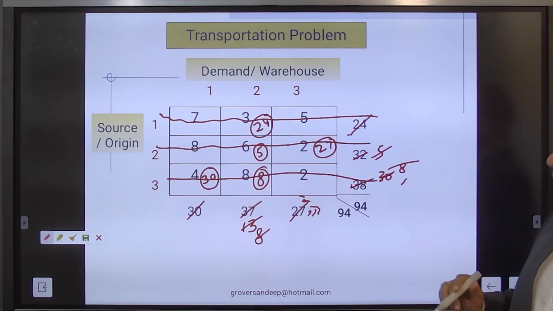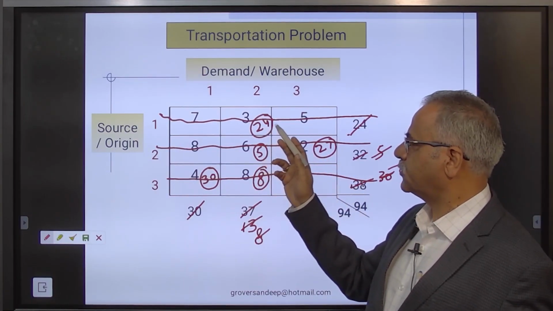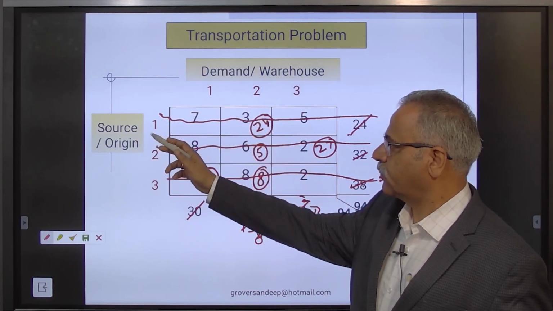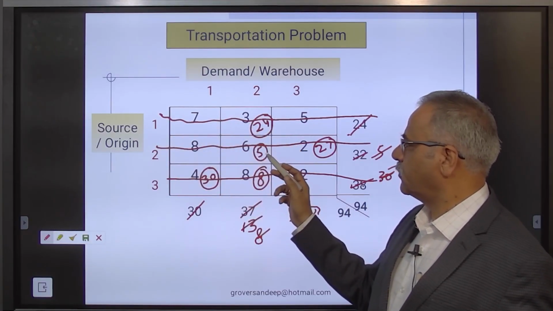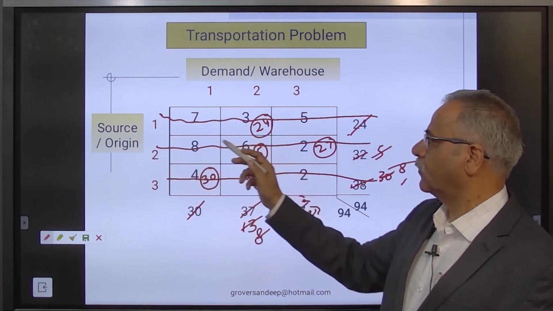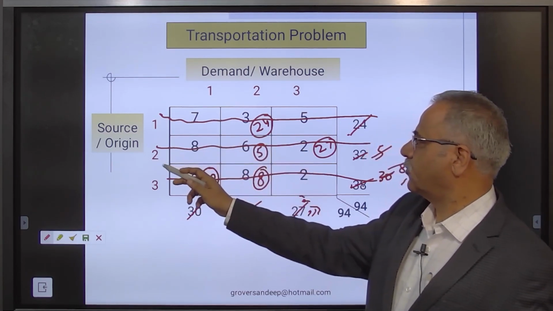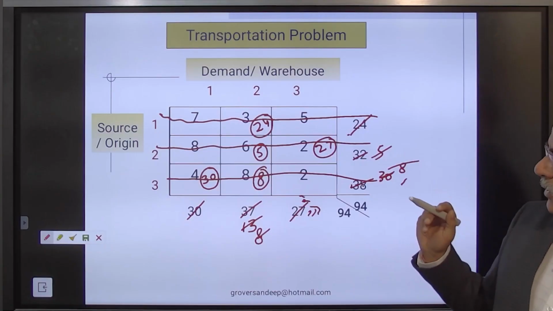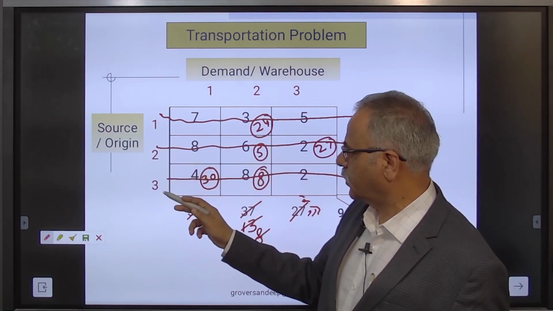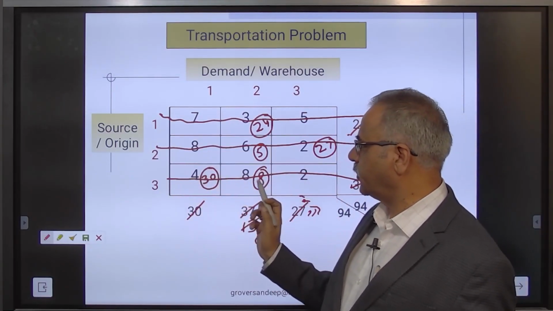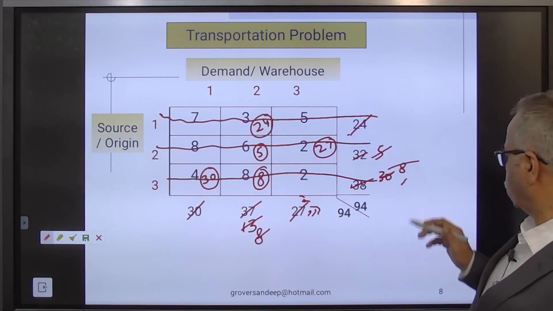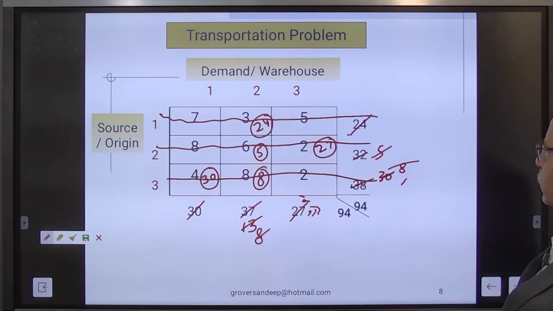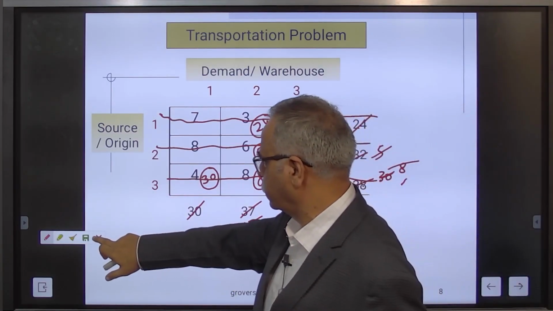So, as per the row minimum method, 24 units are to be transferred from origin number 1 to warehouse number 1, 5 units from origin number 2 to warehouse number 2, and 27 units from origin number 2 to warehouse number 3, 30 units from origin number 3 to warehouse number 1, and 8 units from origin number 3 to warehouse number 2.